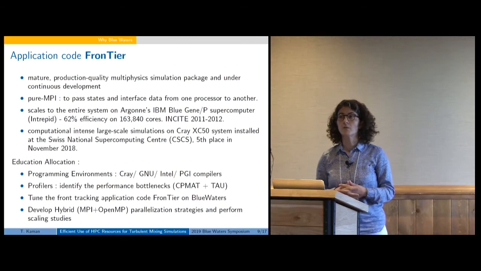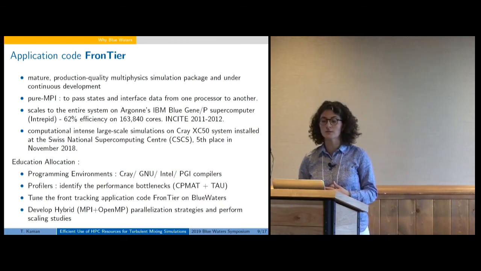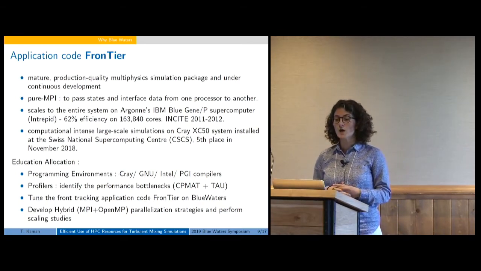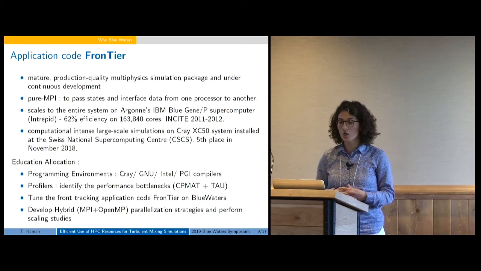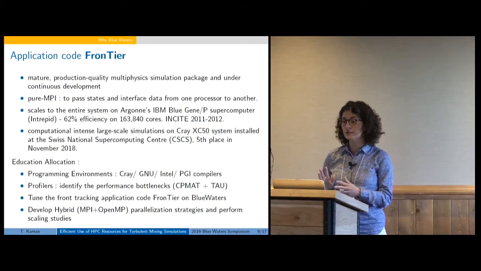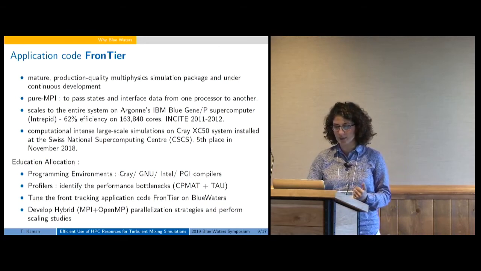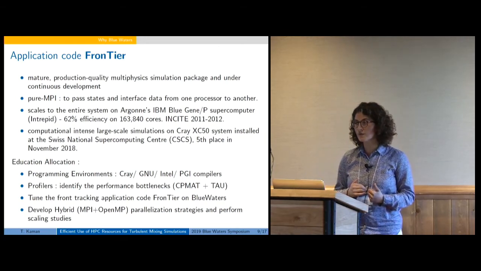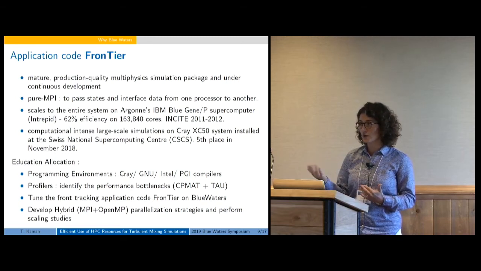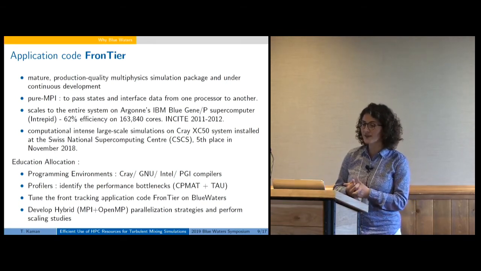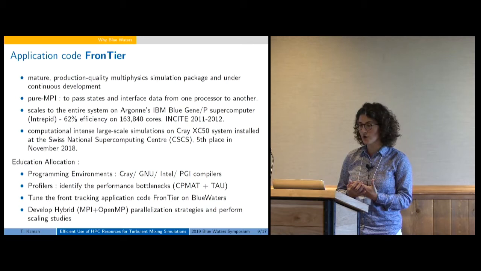In the past, when we had the INCITE 2011 and 2012 awards, we scaled this code to the entire Argonne Leadership facility, and we got 62% efficiency. Within this project, we engaged our students in this HPC programming environment.